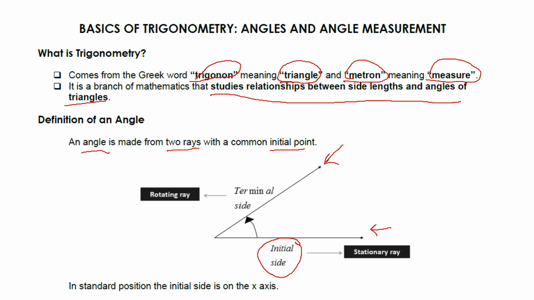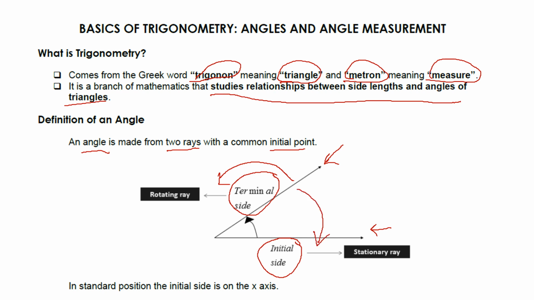Now, we also have what we call the terminal side. The terminal side is the rotating ray, meaning to say, it is the side of the angle that is moving. The terminal side can move in either a counterclockwise or clockwise direction.